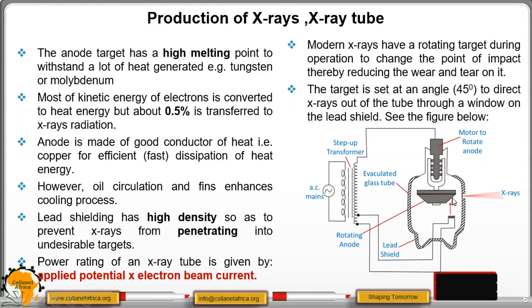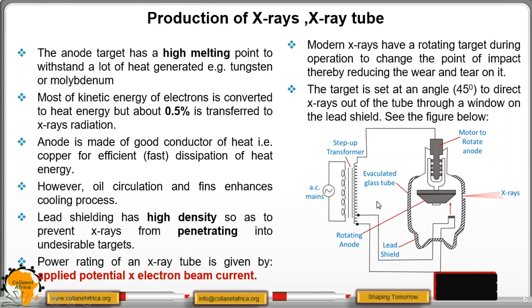So this angle is 45, so that when the electrons hit the target, we are able to direct the X-rays outside the tube. And this one is rotating to change the point of impact, thus reducing the wear and tear.